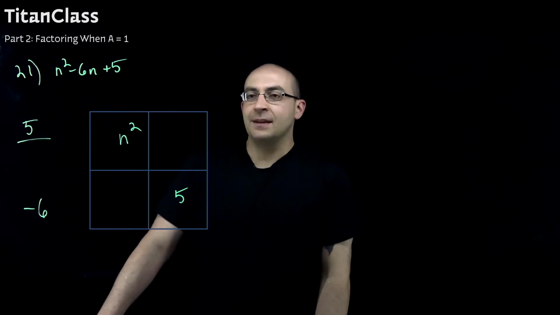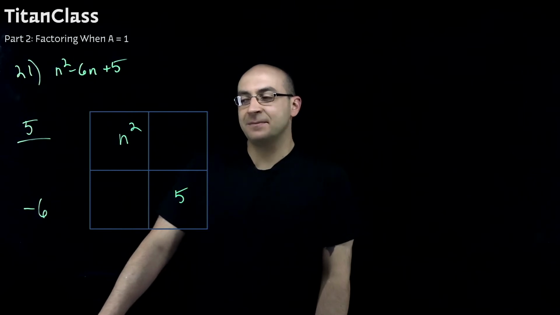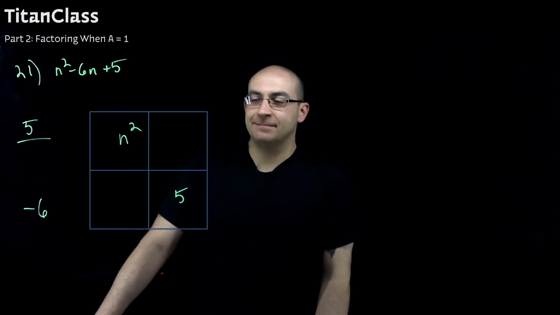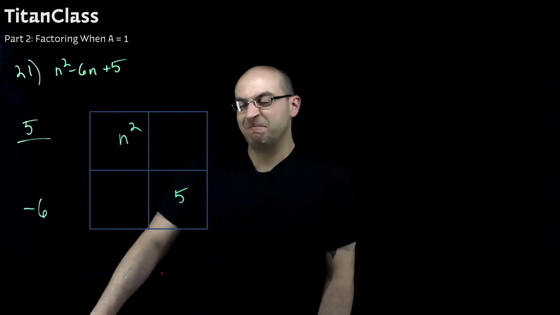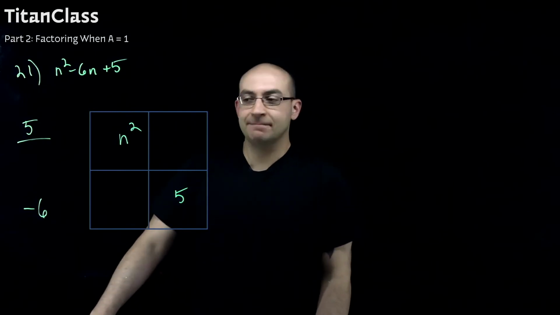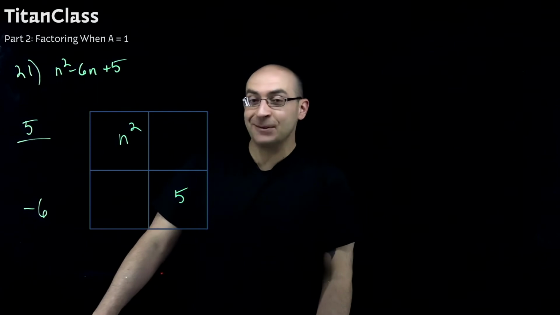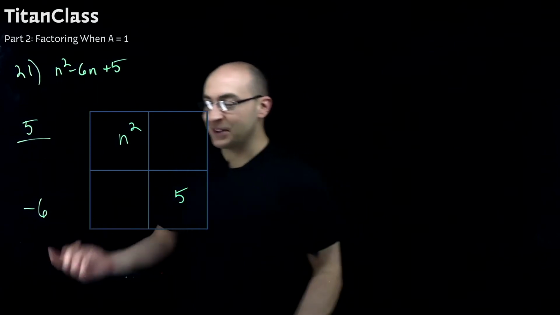Well, you can get the signs wrong. I don't ever like these ones. I don't like ones that have 5s and 6s in them. Some of you know what I'm talking about. And if you don't, that's okay. Forget I was talking. 5 and 1 are the only thing I can use here.